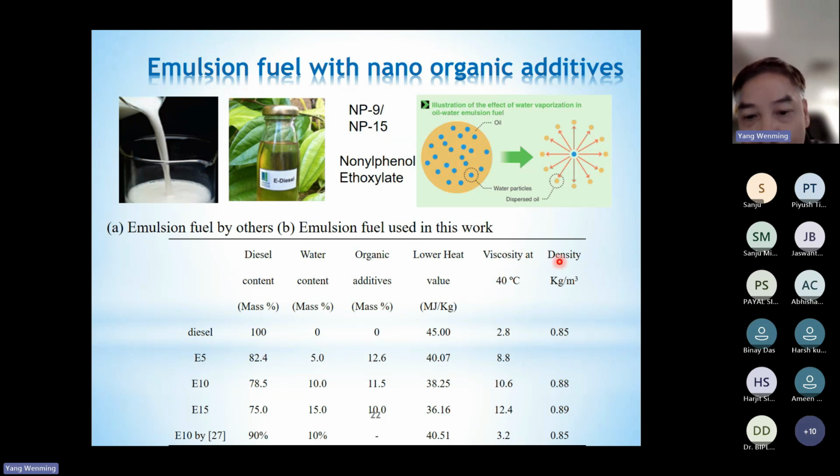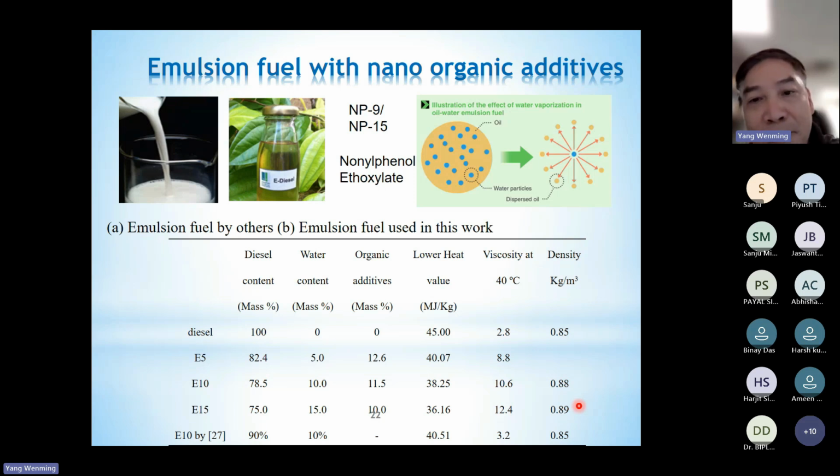Okay, the density. Here shows the density, E15 has a higher density. So my question for you guys: why does the emulsion fuel have higher density than the diesel fuel? You can look at the major composition.